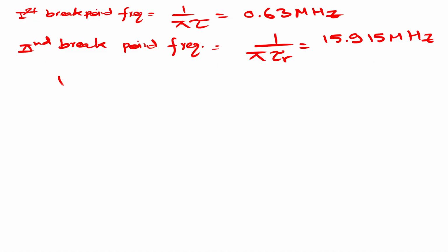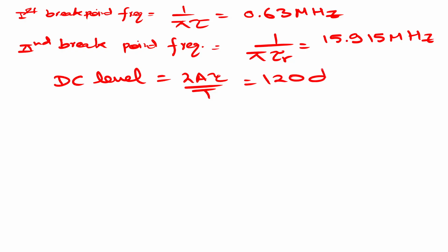The DC level is given by 2A tau by T; these things are needed when we draw a spectral bound for that trapezoidal clock signal. We get 120 dB microvolts.